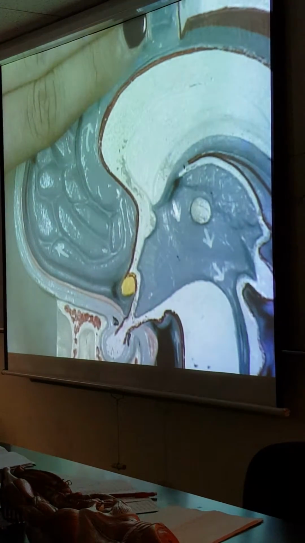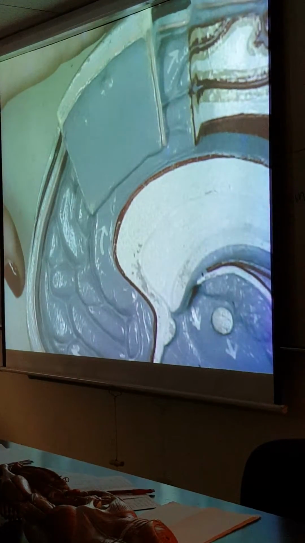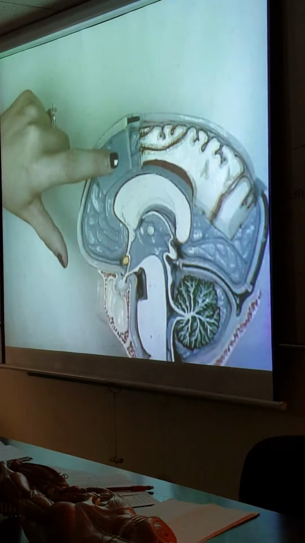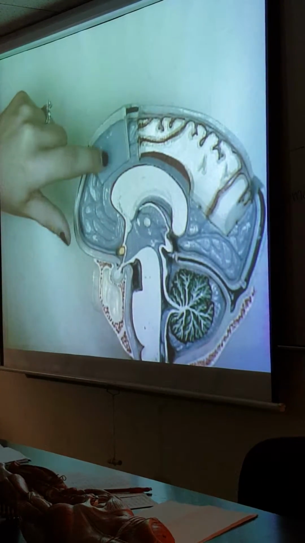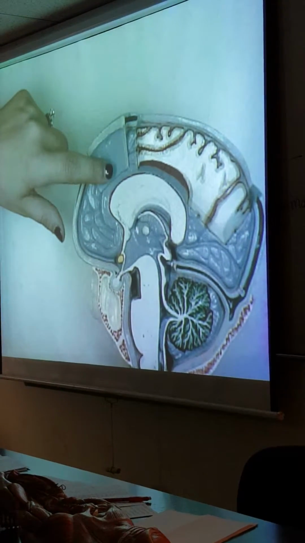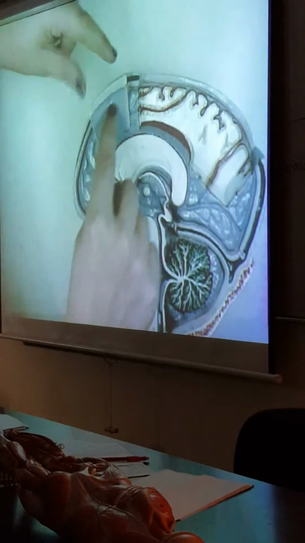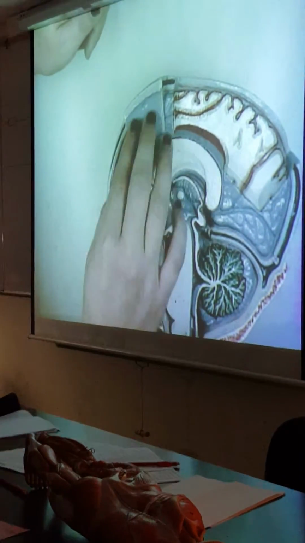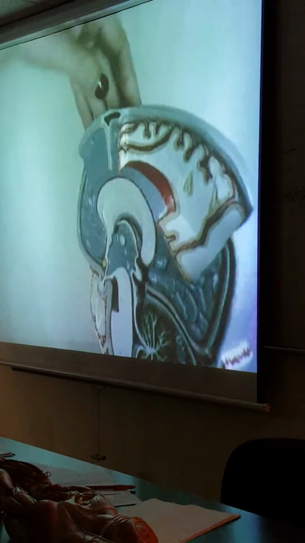And if you notice, the dura mater here is folding down into the longitudinal fissure. Anybody remember what wall this creates, what dural septum? The falx cerebri. So this is showing the falx cerebri with the superior sagittal sinus in it.